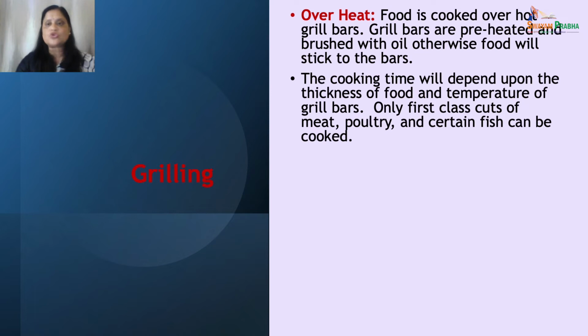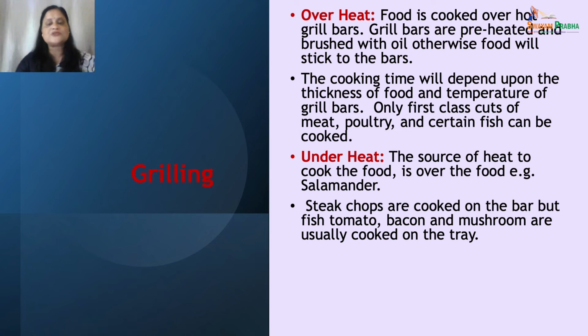Food is cooked over hot grill bars. Grill bars are preheated and brushed with oil, otherwise food will stick to the bars. Cooking time will depend upon thickness of food and temperature of grill bars. Only first class cuts of meat, poultry and certain fish can be cooked this way.